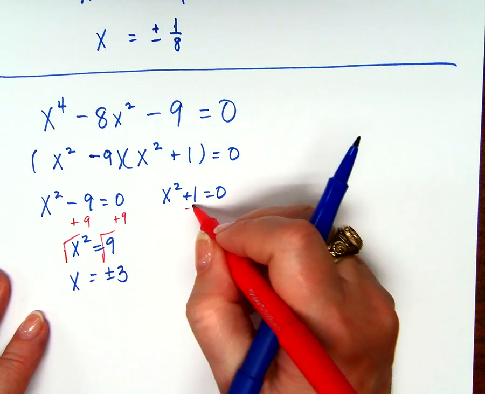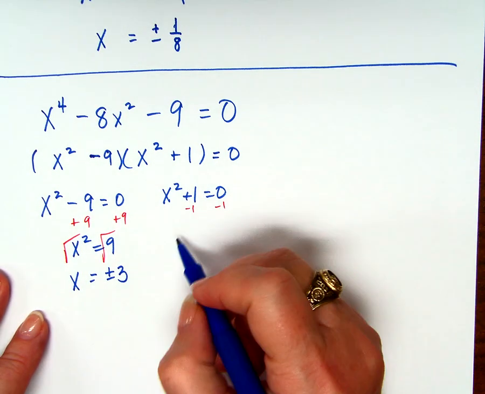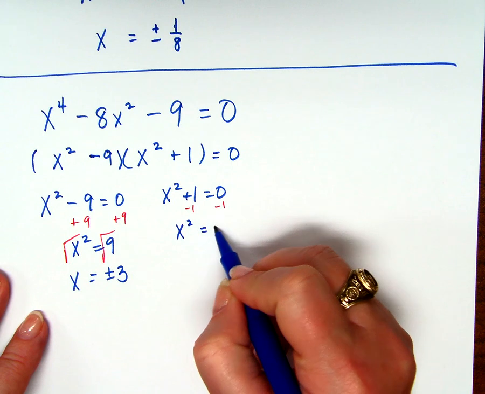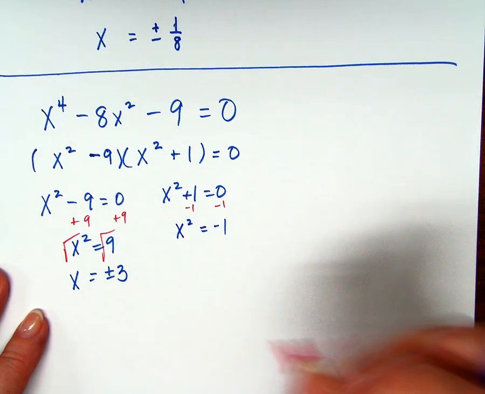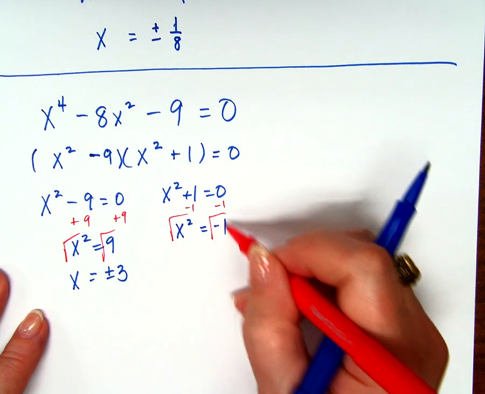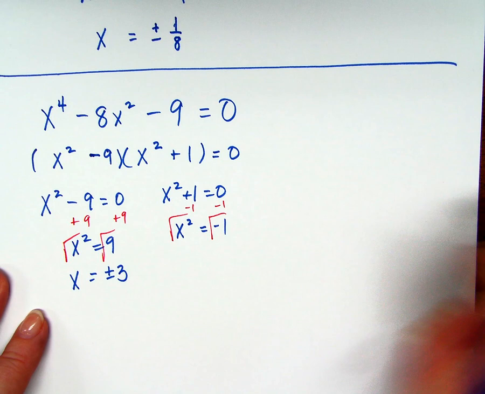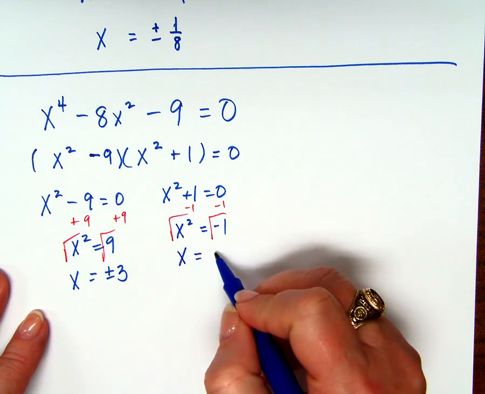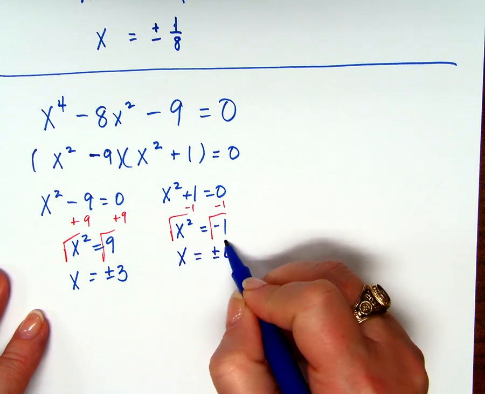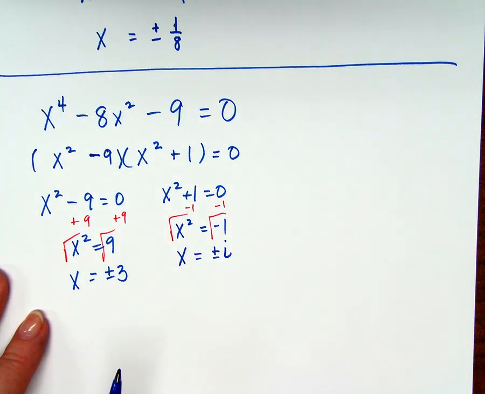On this side, I would subtract 1 from both sides and get x squared equals negative 1. I would undo my squared by square rooting, where I would get x equals plus or minus i. You okay with that?